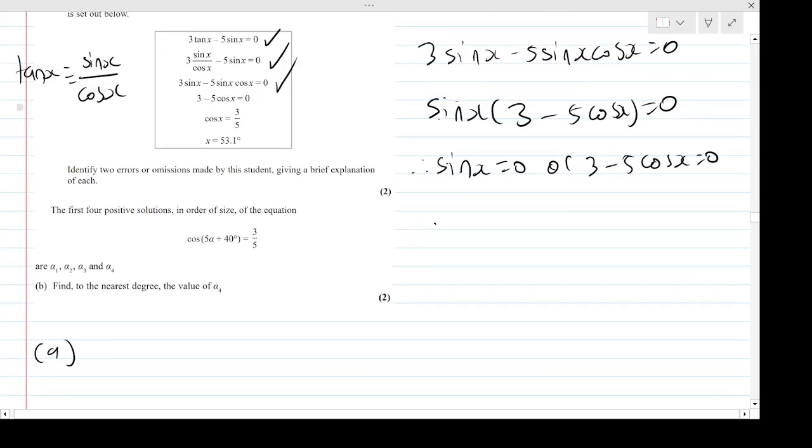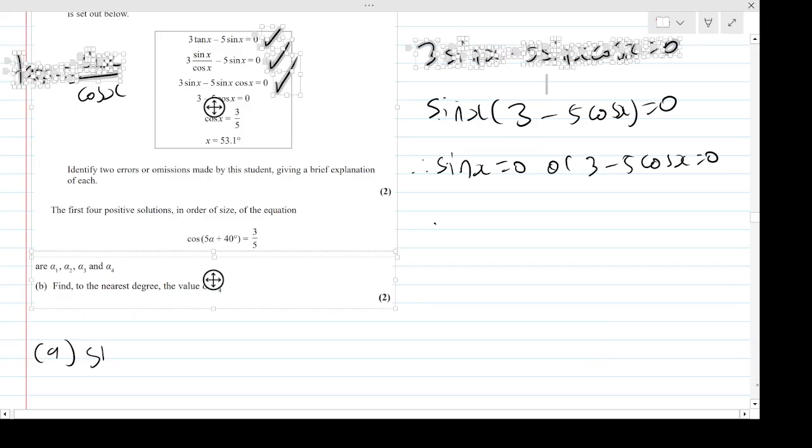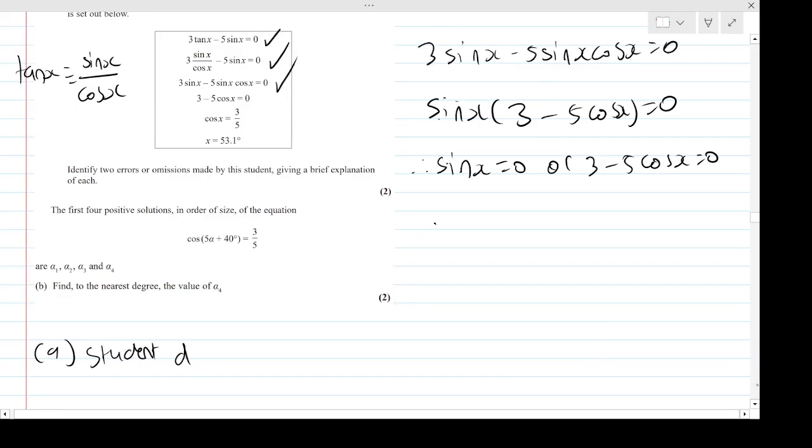The first error is when they didn't factorize, right? They seem to just divide it by sine x, right? But they needed to factorize. So student did not factorize out a sine x.